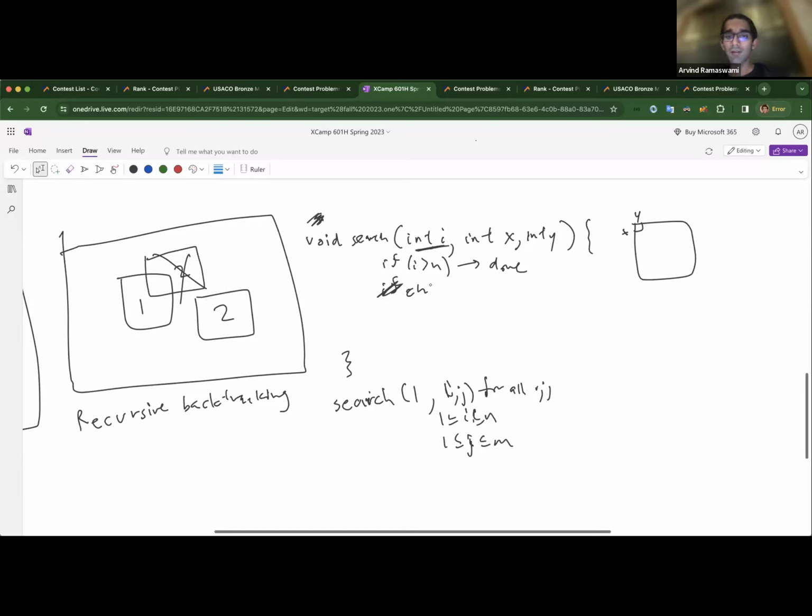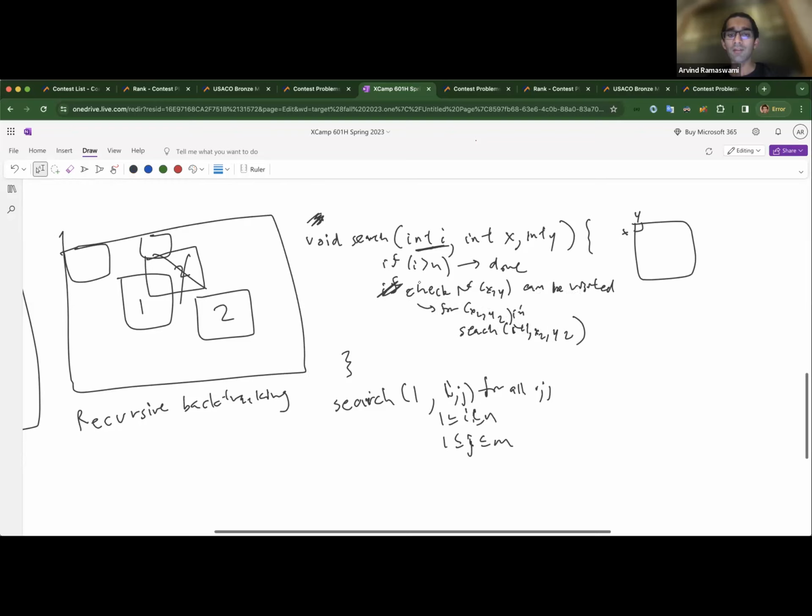And then check if X, Y can be visited. If it can be visited, then for X2, Y2, for anything for i plus 1, just search i plus 1, X2, Y2.